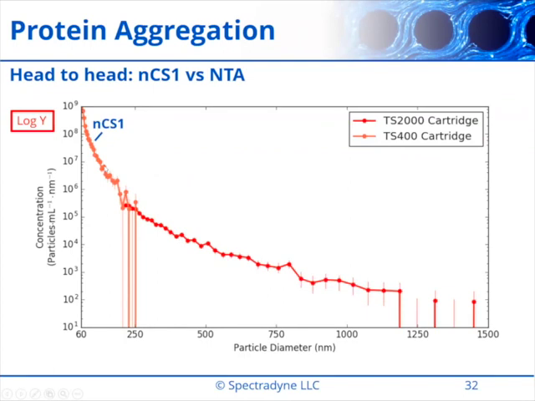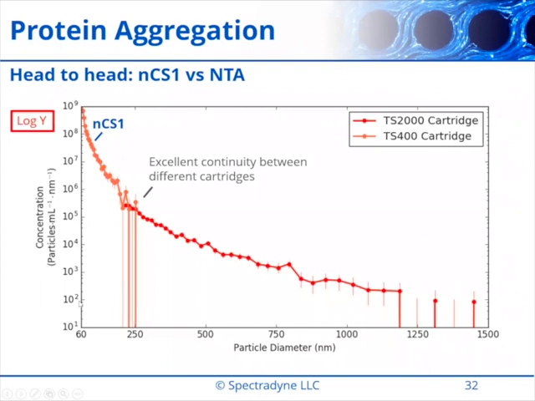We have excellent continuity between the 2 cartridges. So our software will automatically stitch together data if 2 cartridge measurements are required. I want to point out that this is a huge concentration range, right? It's log scale on the y-axis, linear in the x. It's log scale on the y-axis because this is an 8 order of magnitude range, right?